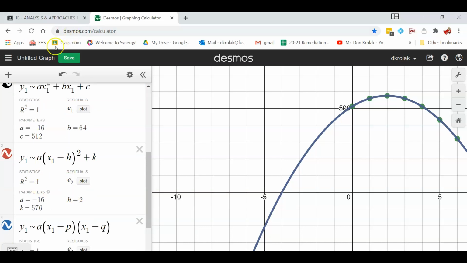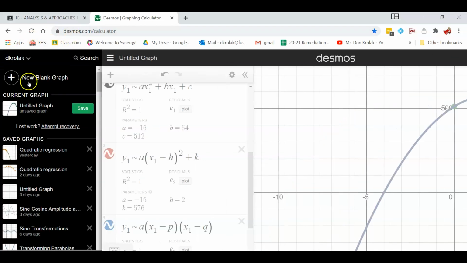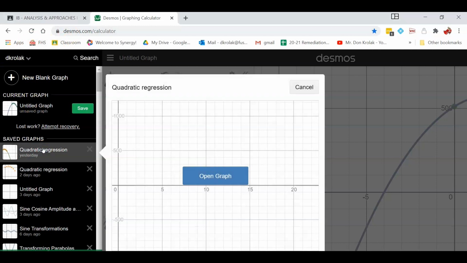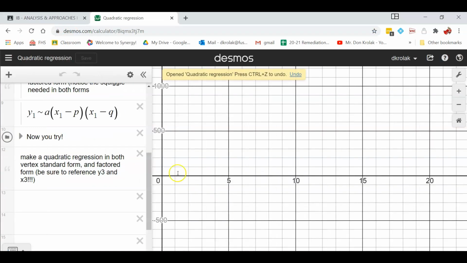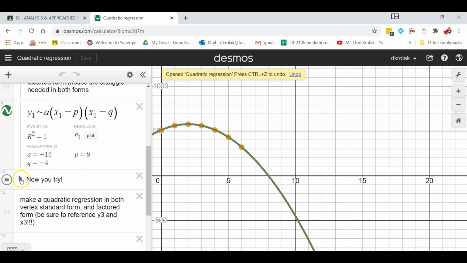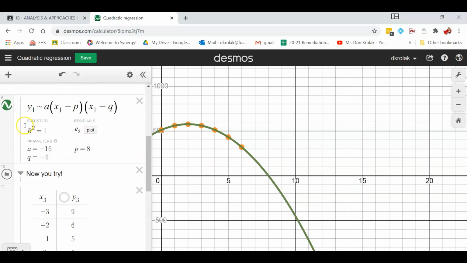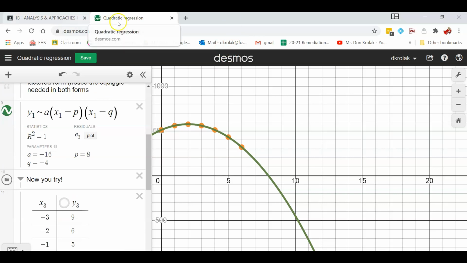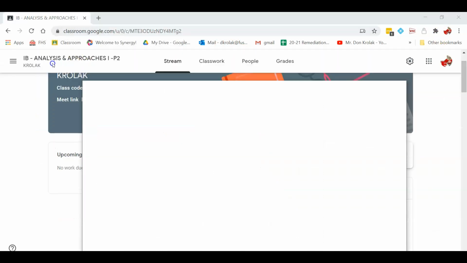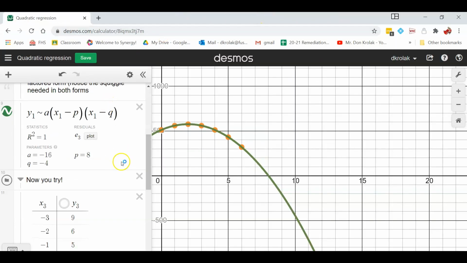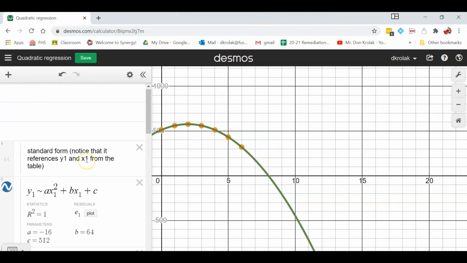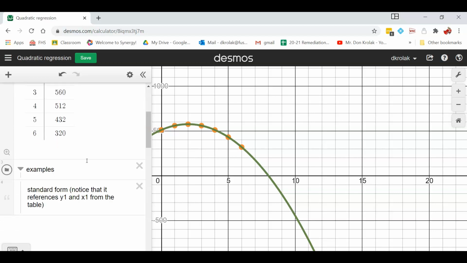All right, let's have you try one here. On your graph, you don't have to clear anything, or you can just start new, it doesn't matter.